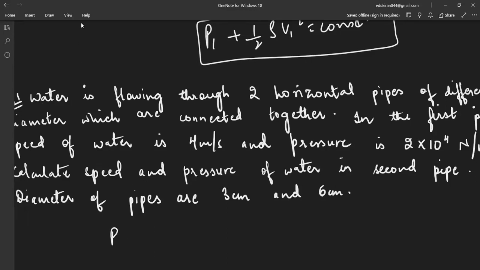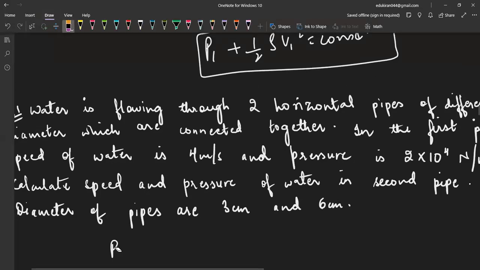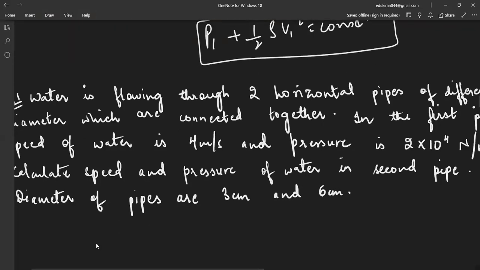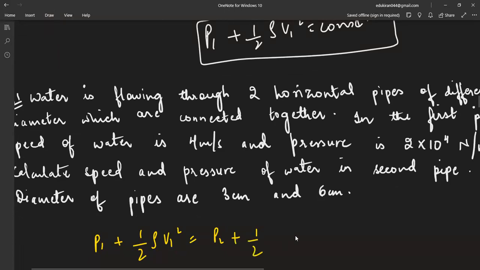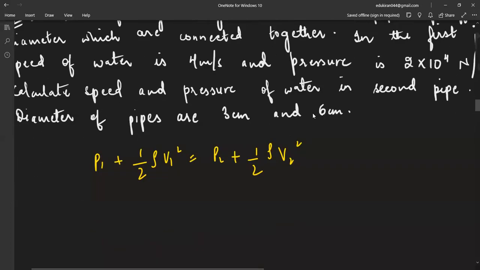See, first apply Bernoulli's theorem equation. We have studied that P1 plus half rho V1 square is equal to P2 plus half rho V2 square. So what all things do we have from the question? P1 is given as 2 into 10 to the power 4.